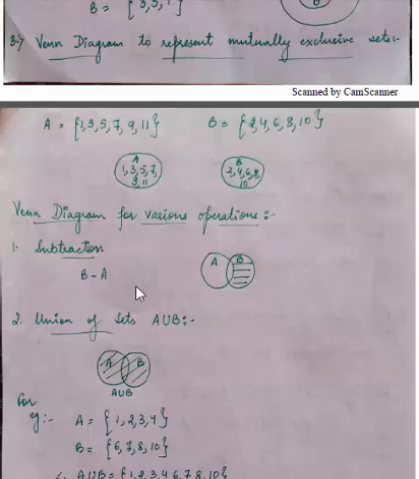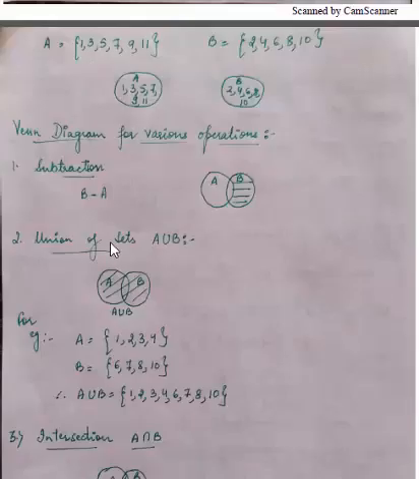Next is Venn diagram for various operations. First is subtraction. Subtraction is, that is B minus A. So this shaded portion represents B minus A. Next is union of sets, A union B. Now for example, A has 4 elements, that is 1 2 3 4, and B has 4 elements 6 7 8 10.